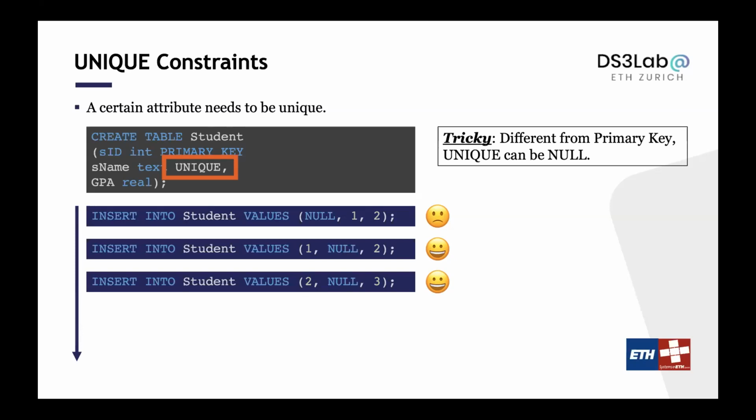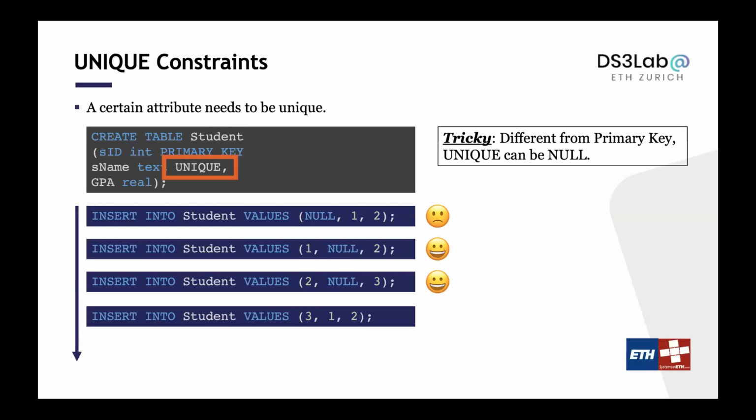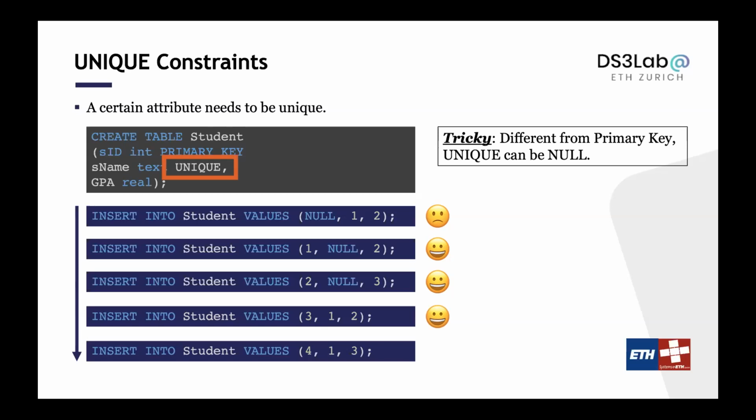But if you insert this again, it's not okay, because you have one tuple with SName equals 1 and another tuple with SName equals 1. It violates the unique constraint. So one thing you need to be careful about is the difference between unique and primary key in how they deal with null values.